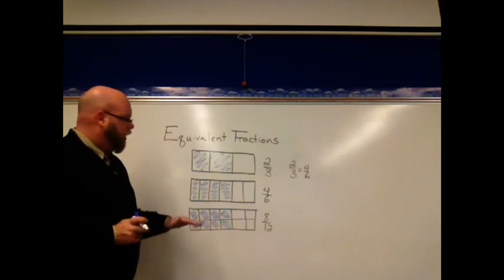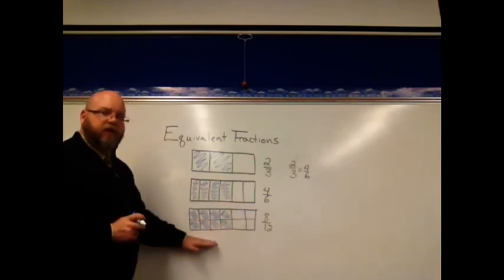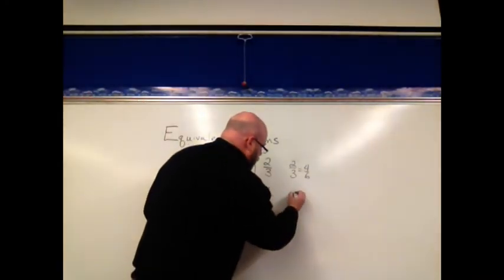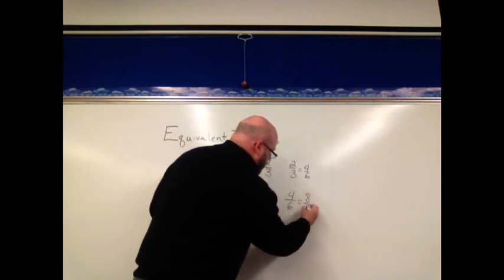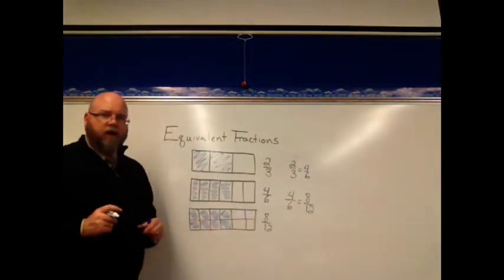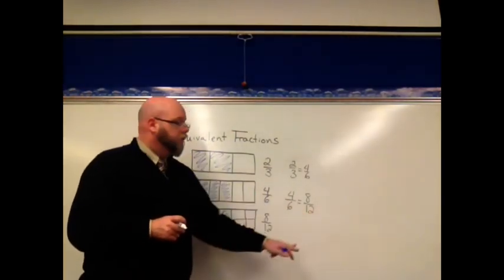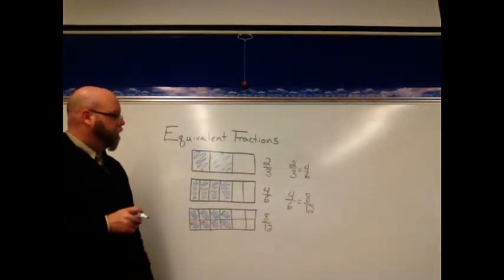Well, but when I look, again, 4/6 has the same amount of blue as 8/12. So I could say that 4/6 is equal to 8/12. So 4/6 is equivalent to 8/12, or 4/6 and 8/12 are equivalent fractions.